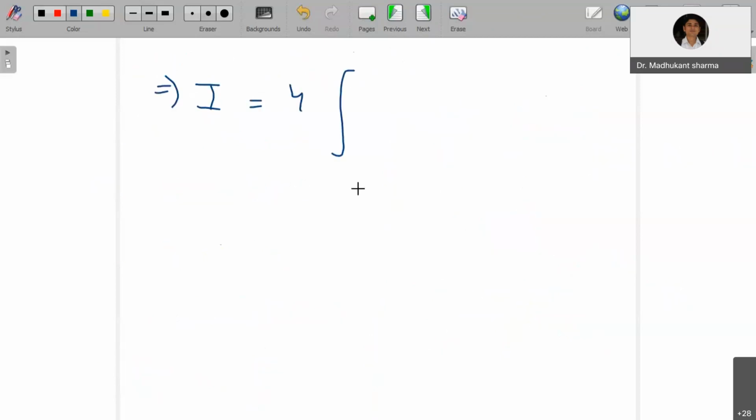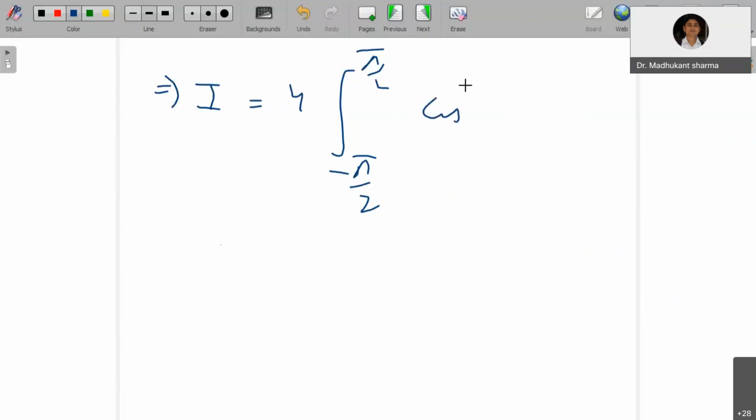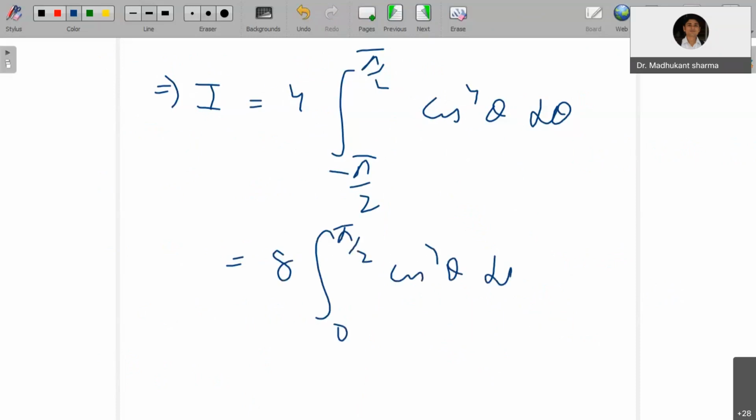4 times the integral from minus pi by 2 to plus pi by 2 of cos to the power 4 theta. You can now use the definite integral property that because it's an even function, you can write 2 times the integral from 0 to pi by 2. So this is going to be 8 times the integral from 0 to pi by 2 of cos to the power 4 theta d theta.